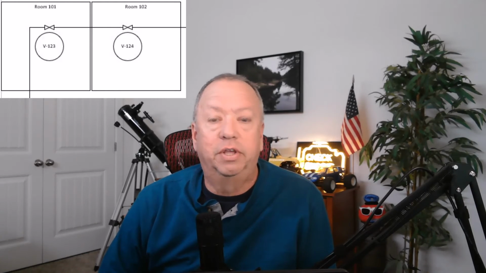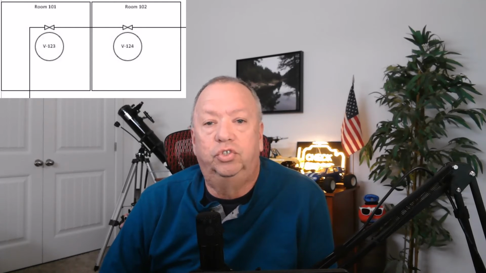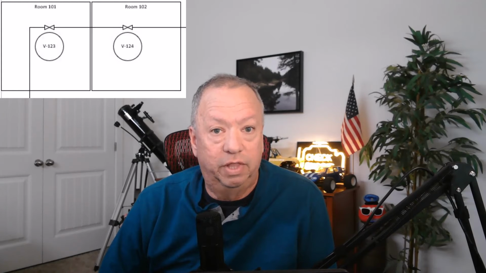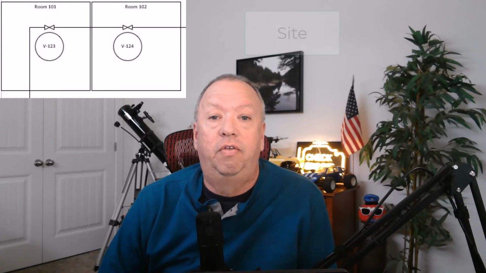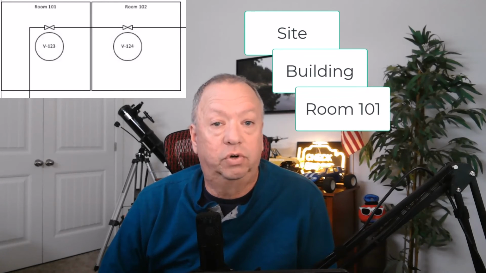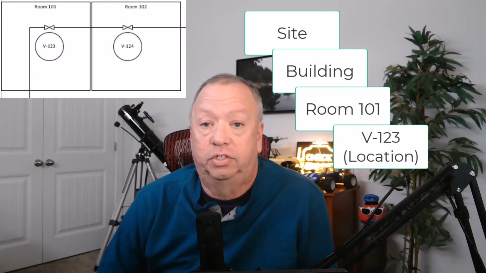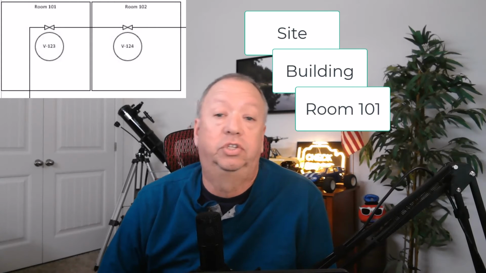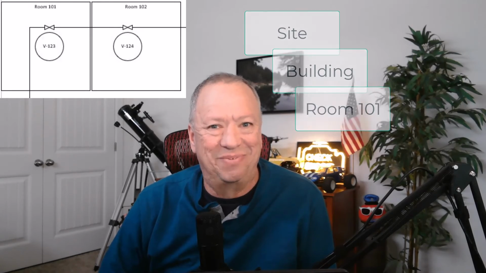If your cost accounting approach within your EAM system needs to be able to resolve costs down to the valve 123 level and follow that asset during its life cycle, then a location for valve 123 will need to be constructed. If just room 101 is low enough for costing purposes, then perhaps a location for valve 123 is not needed, other than, of course, room 101. It has to go somewhere.